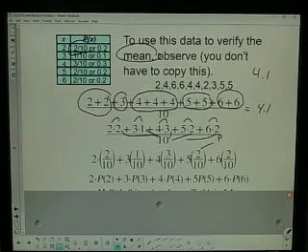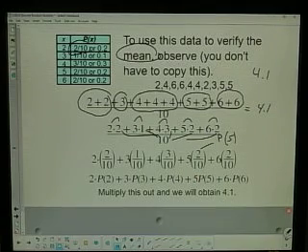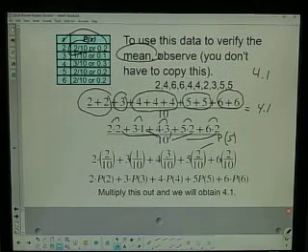These are all the probabilities of each number showing up. Multiplying all of that out, if you took the number 2 and times it by its probability, 2 times 0.2, 3 times 0.1, 4 times 0.3, 5 times 0.2, and 6 times 0.2, multiplying and adding all that will give you 4.1.